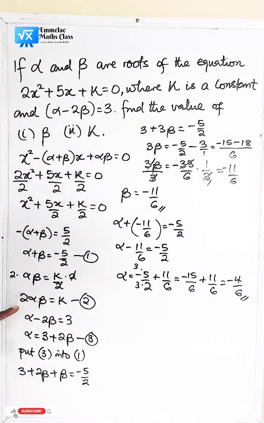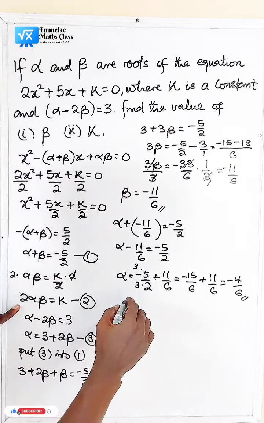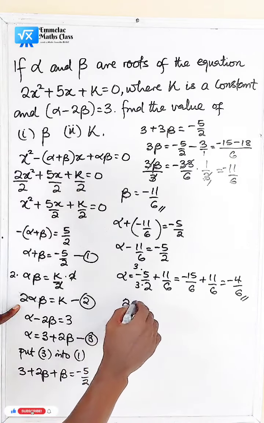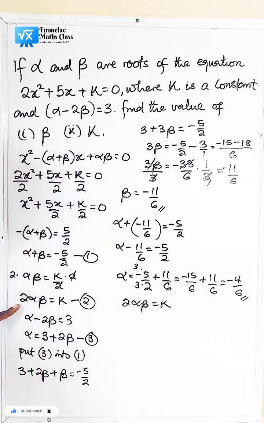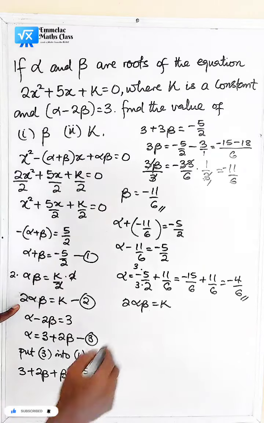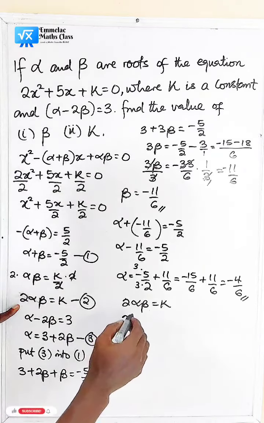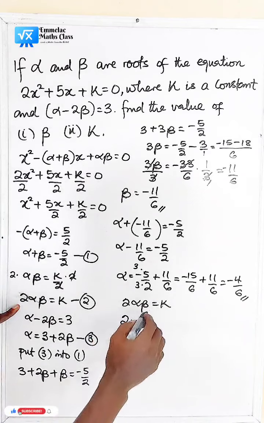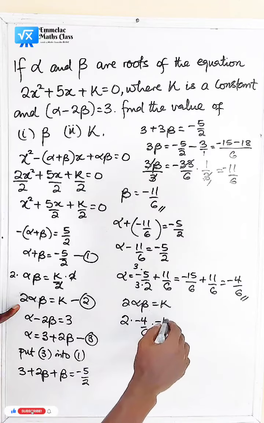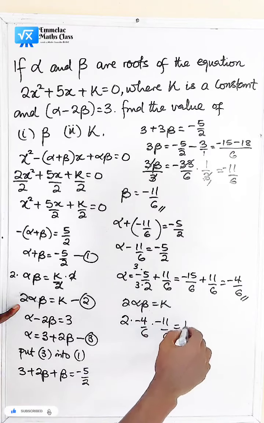Now let us come over here, 2 alpha beta equals k, because the next question is to find the value of k. So we have 2 times alpha, which is negative 4 all over 6, times beta, which is negative 11 all over 6, equals k.